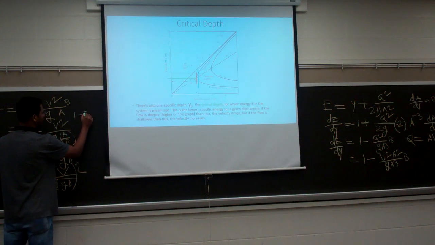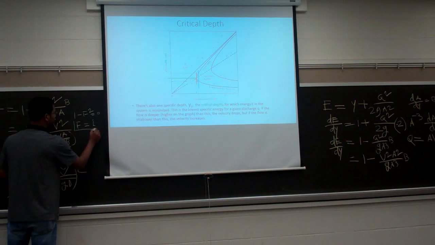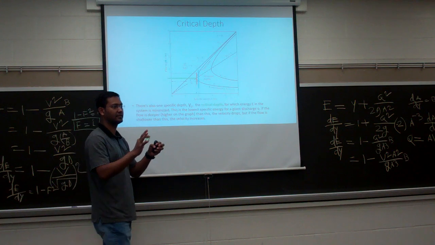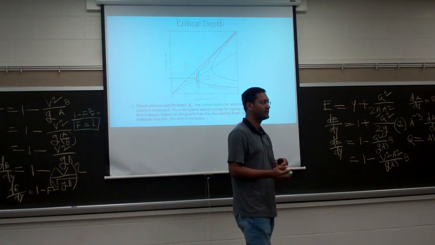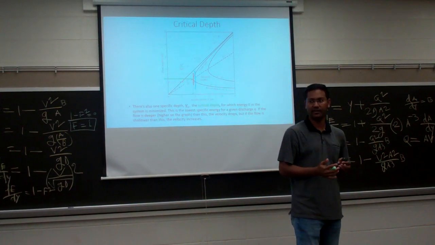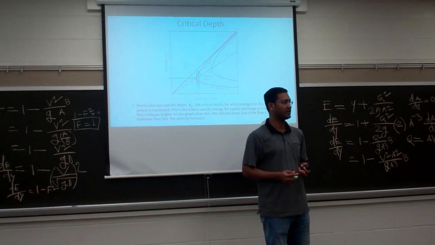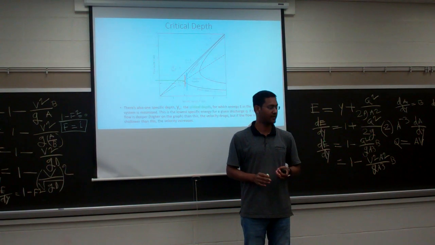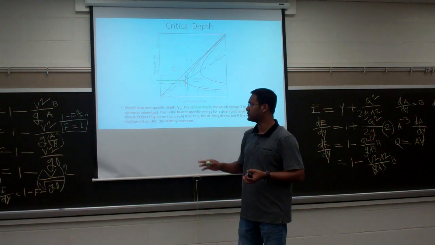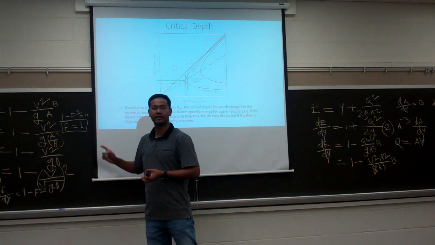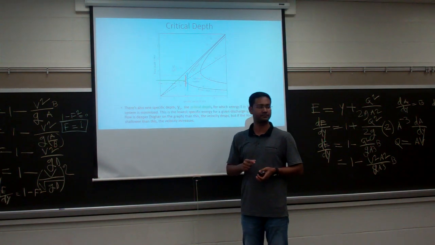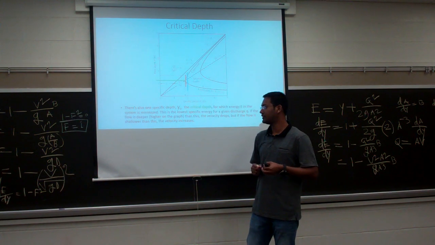So 1 minus Fr squared is equal to 0, that means F is equal to 1. So that means F equal to 1 means it is critical. We know the Froude number is less than 1 when the flow is subcritical. When the Froude number is greater than 1, the flow is supercritical. And when it is 1, it is critical flow. So from this differentiation, it is proved that the flow will be in a critical state when the specific energy is minimum here. This is one property of critical flow.